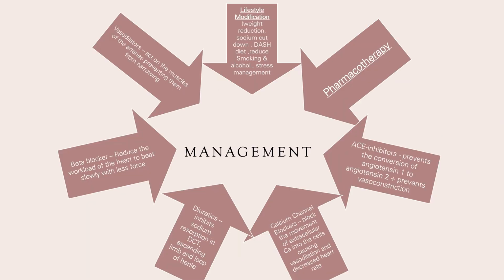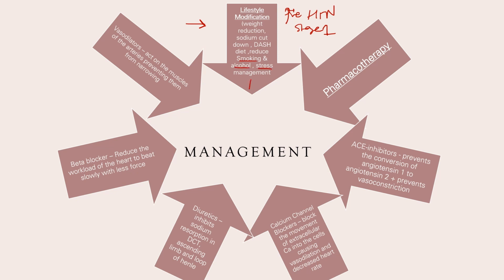Moving on to the management. If the patient is in the pre-hypertensive or stage 1 phase, we generally offer them lifestyle modification, which includes weight reduction, sodium cut down, DASH diet, reduced smoking and alcohol, and stress management.